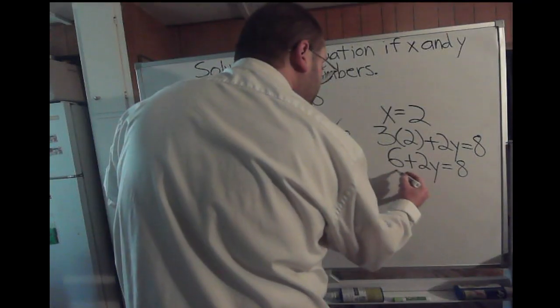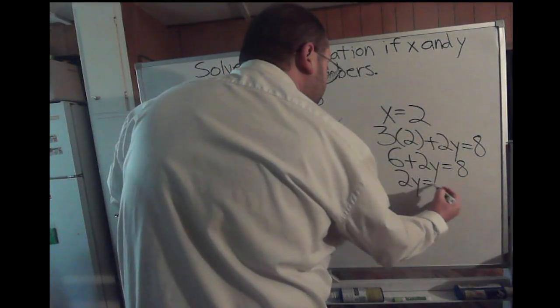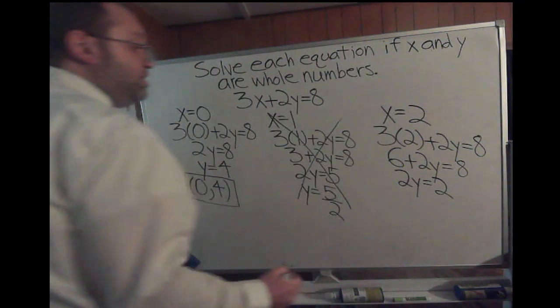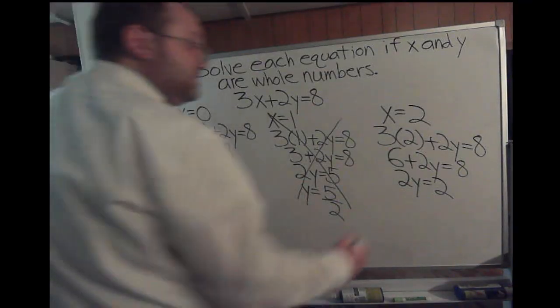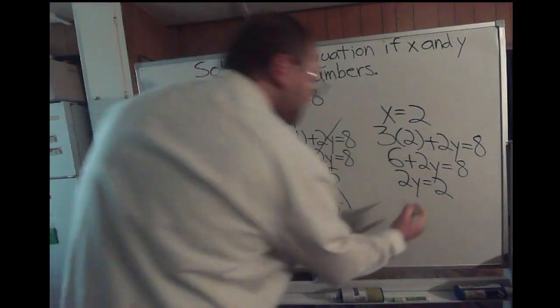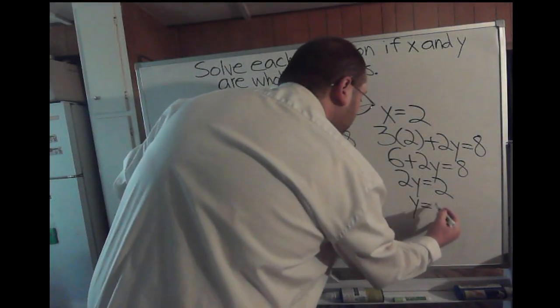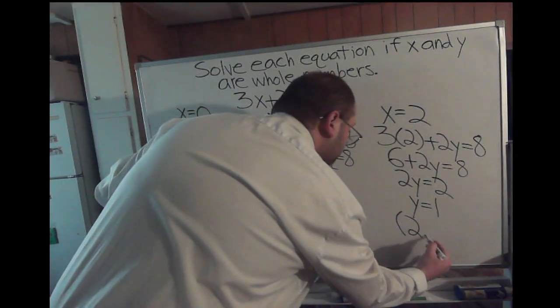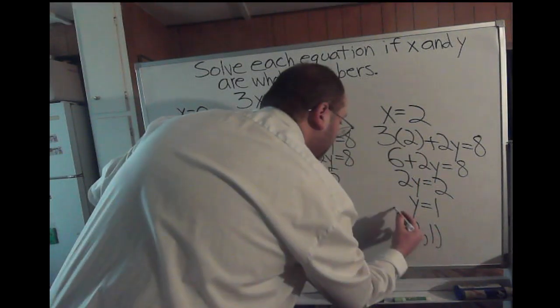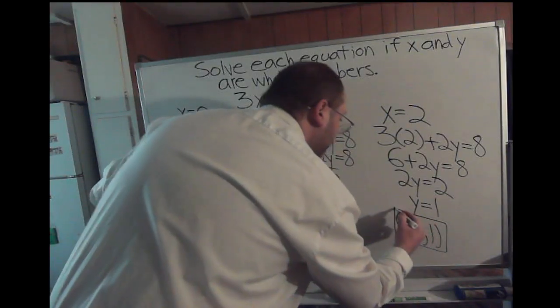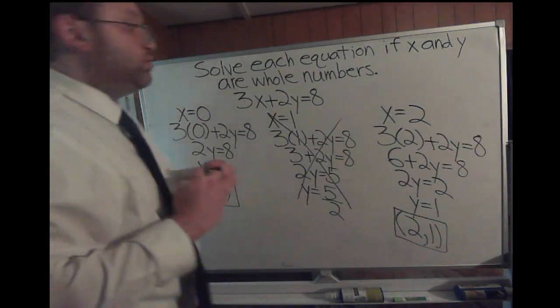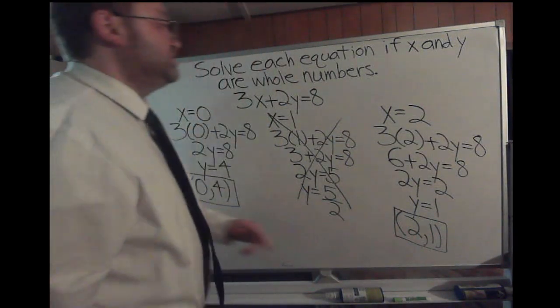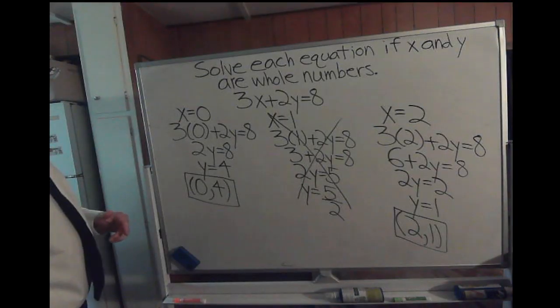If we do that, you get 2y equals 2. Well, we want to solve for just y, so we got to divide both sides by 2. If you do that, you get y equals 1. Well, this checks out because when x equals 2, y equals 1. And those are both within the set of whole numbers. So the ordered pair 2, 1 is also a solution to this.